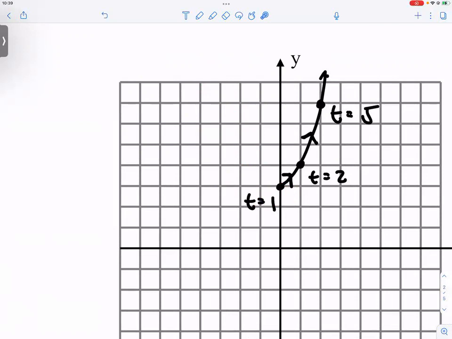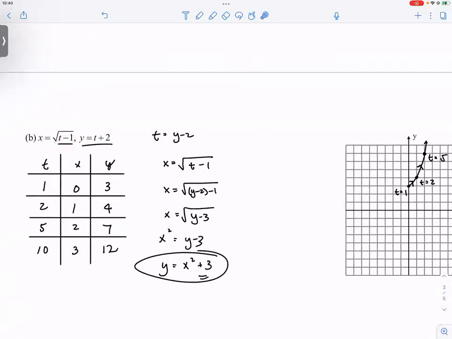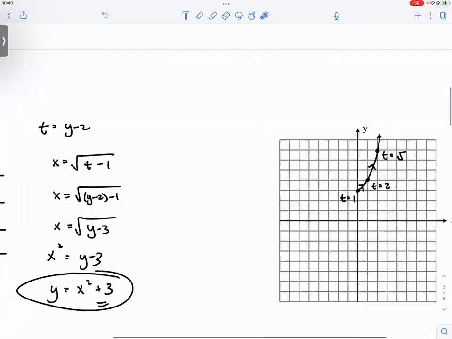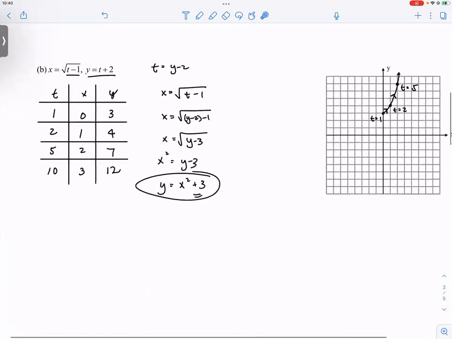We can't, because if t is less than 1, we don't really have an x value because of the square root. So therefore, the earliest point you can start is (0, 3), and then you just keep going to the right and up. So this is how you get the shape of the graph, and also the equation of the graph.